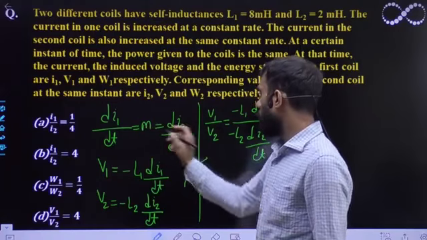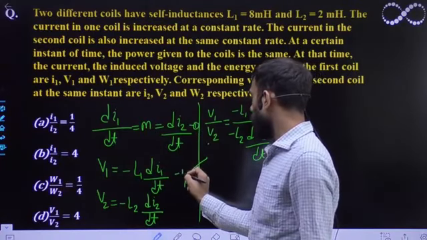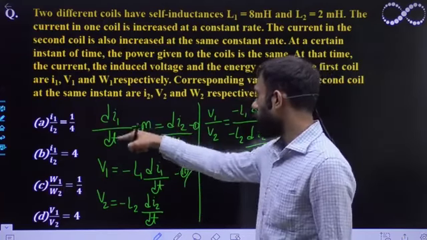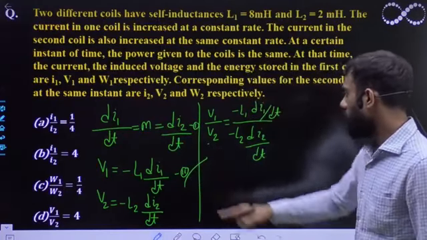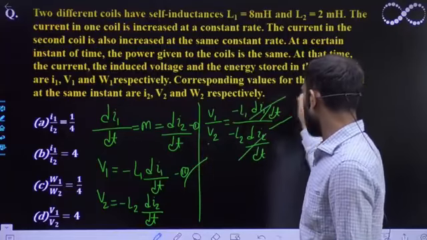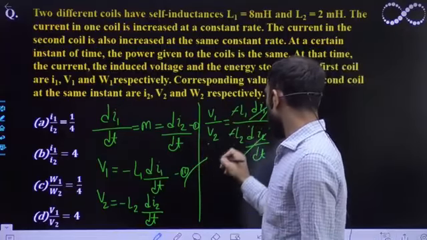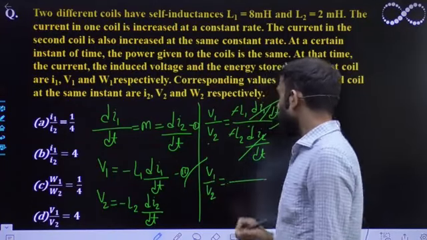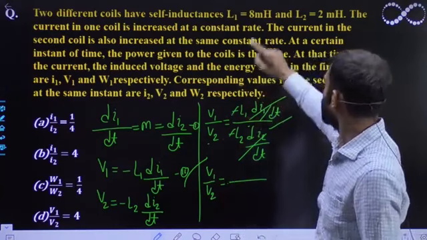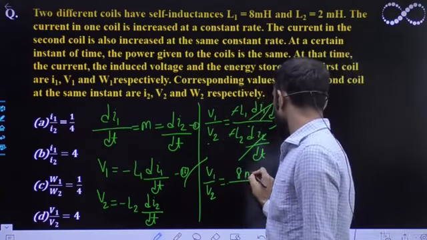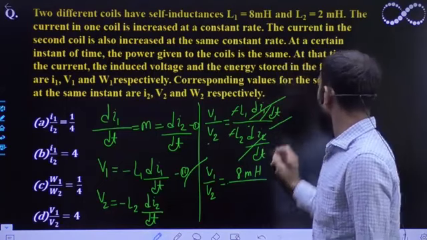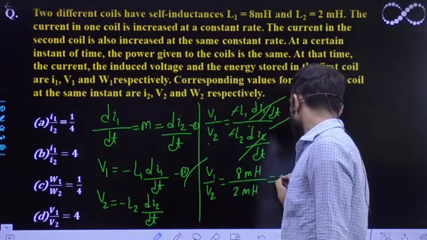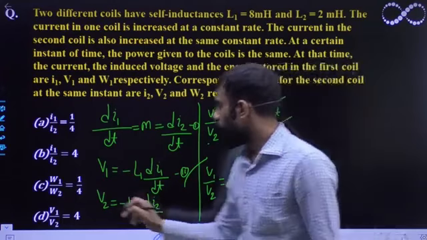If I call this equation 1 and this equation 2, from equation 1 I can say dI1 upon dt and dI2 upon dt are the same, equal to M. So this will cancel out, and the minus minus will also cancel out. So V1 upon V2 is nothing but L1 upon L2, and the values of L1 and L2 are given in the question: L1 is 8 mH, and L2 is 2 mH. So from here you will get the value 4. So V1 upon V2 is 4, so that is correct.